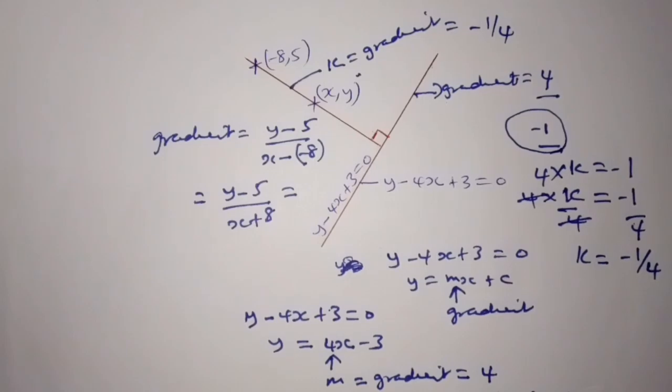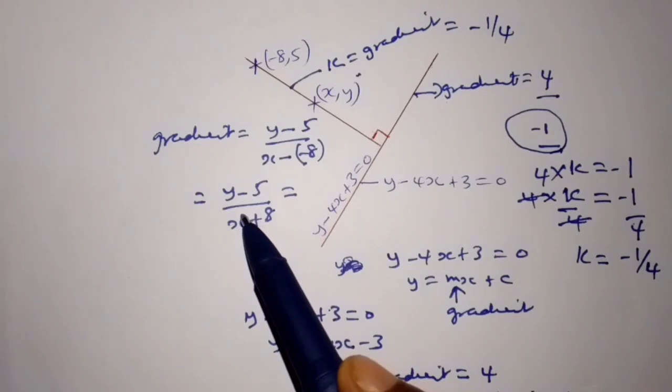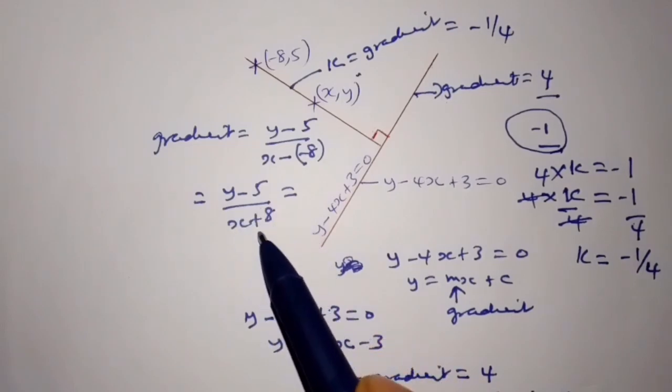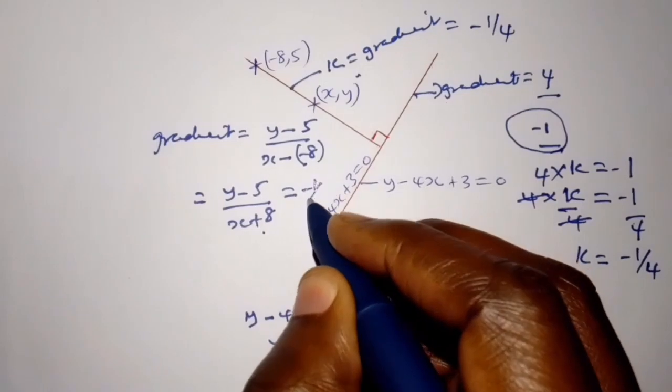So now we can complete our equation. We can say that y minus 5 over x plus 8 is equal to -1 over 4.